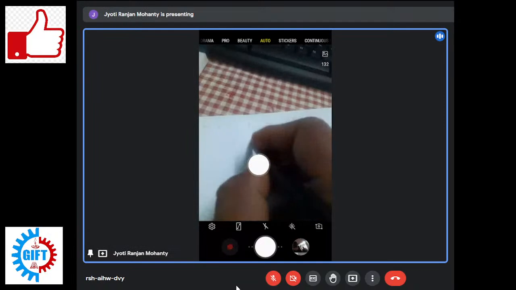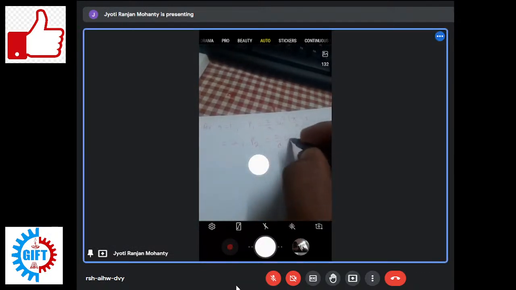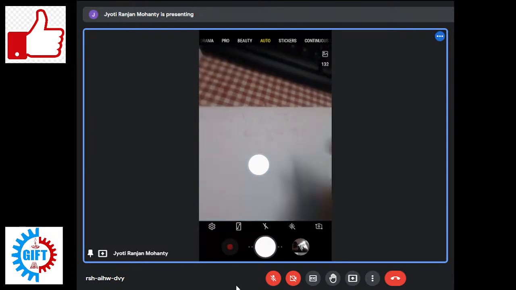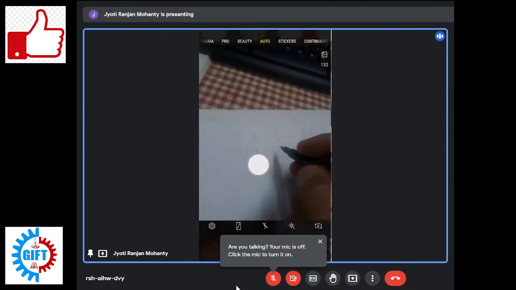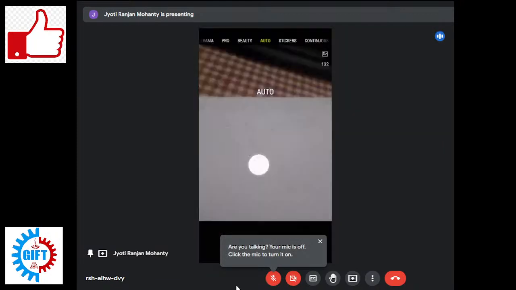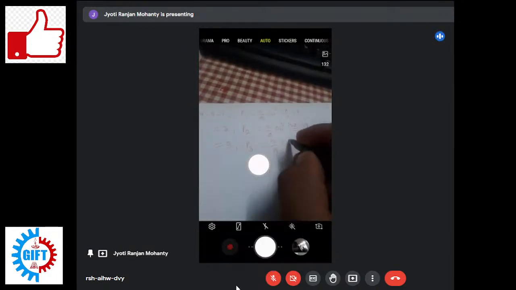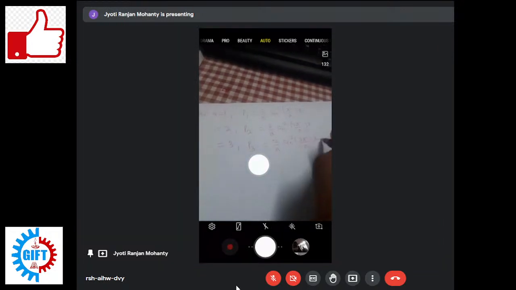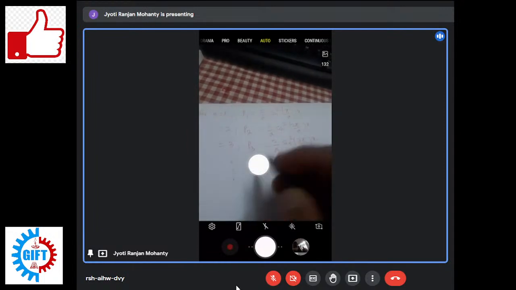For n is equal to 2, P2 is equal to 2 by A sin square 2 pi by A into x. For n is equal to 3, P3 is equal to 2 by A sin square 3 pi by A into x. And so on. So these are the different probabilities.